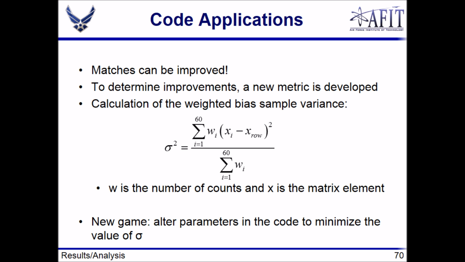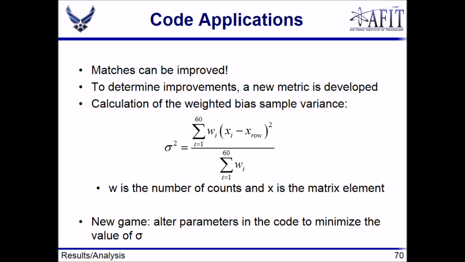And so when we calculate this parameter, the name of the game then becomes alter the parameters that go into calculating the McIntosh classification system in order to minimize the value of this weighted bias sample variance.